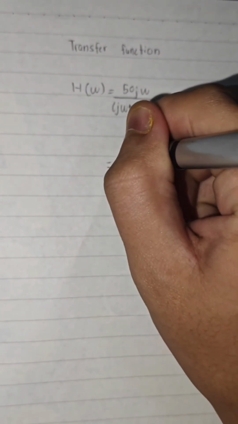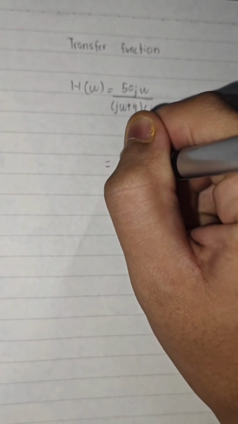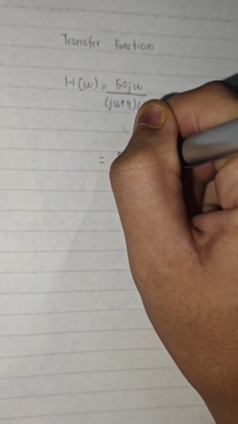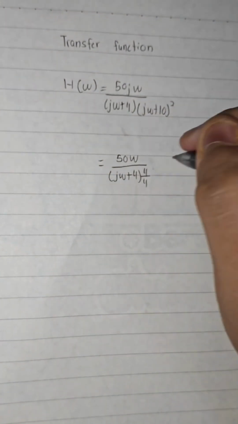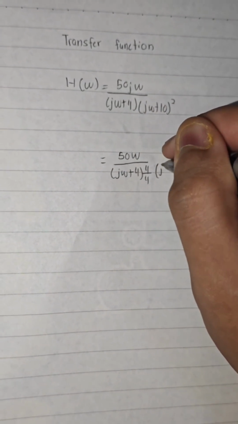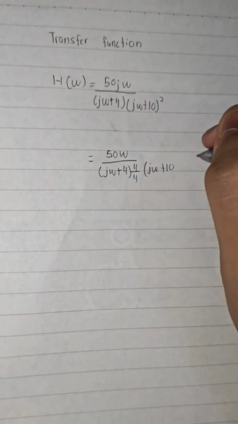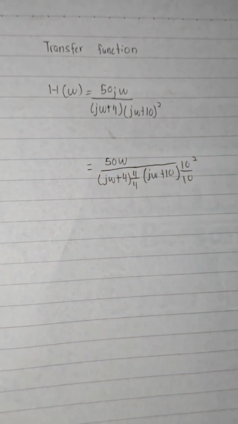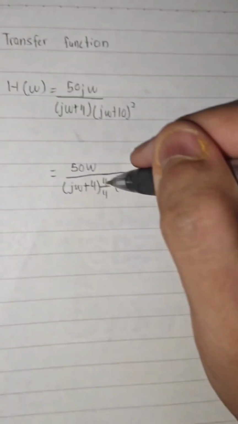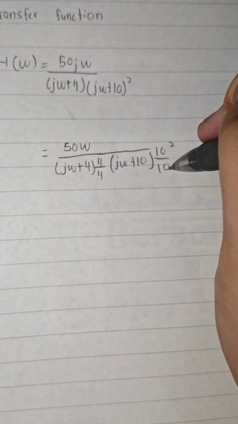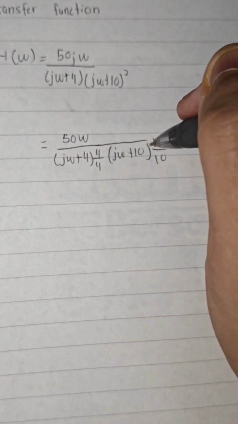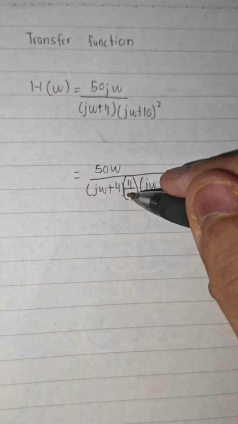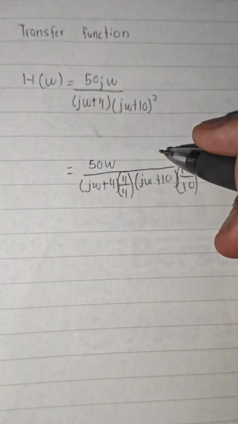First of all, the reason we put a fraction of 4 over 4 and also 10 over 10, especially 10 over 10 to the power of 2, is that we first change the whole numbers in the equation, which are 4 and 10, to 1.